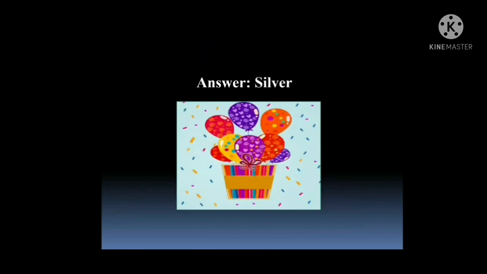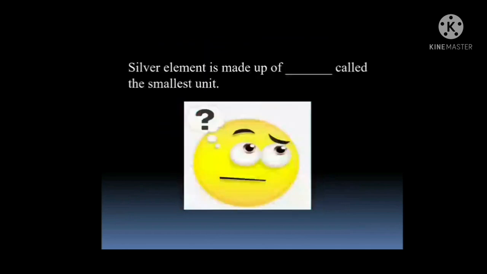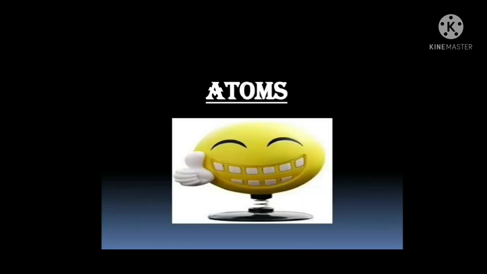Very good. It's silver. Tell me, silver element is made up of dash called the smallest unit. This we have seen in the atomic structure unit. Exactly, atoms.